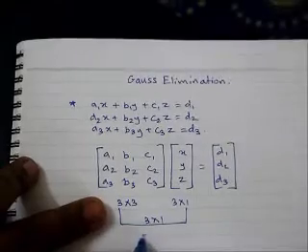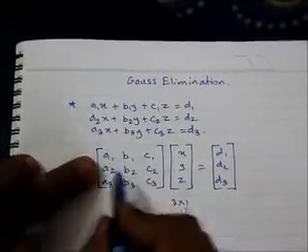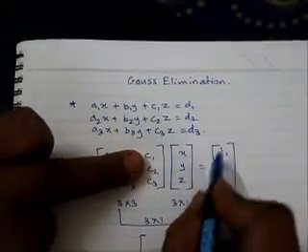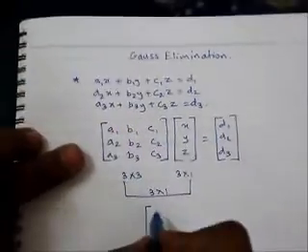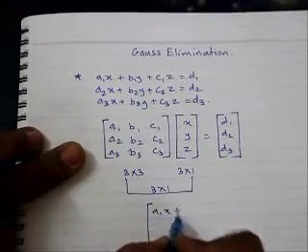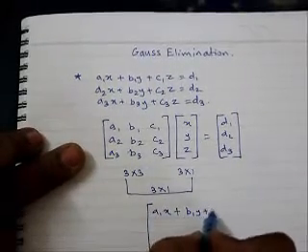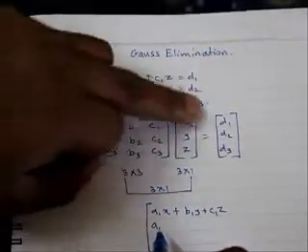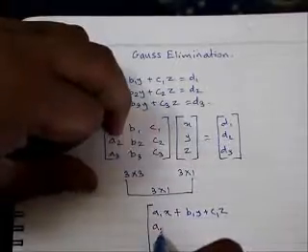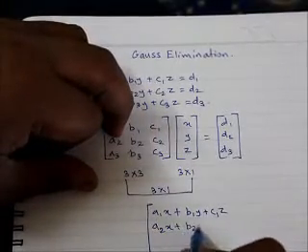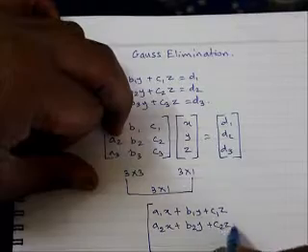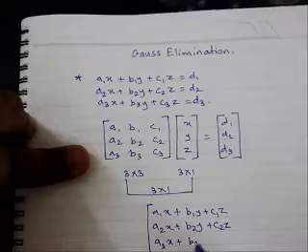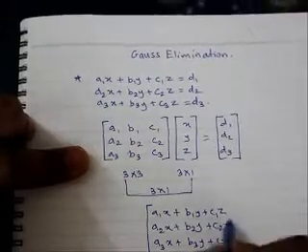That is going to look something like this: a1 into x plus b1 into y plus c1 into z is equal to d1, right? The row below this, a2 into x, b2 into y, c2 into z, and similarly the third row, a3x plus b3y plus c3z.